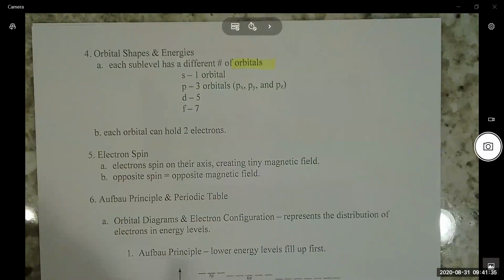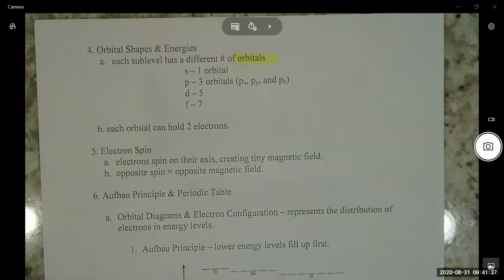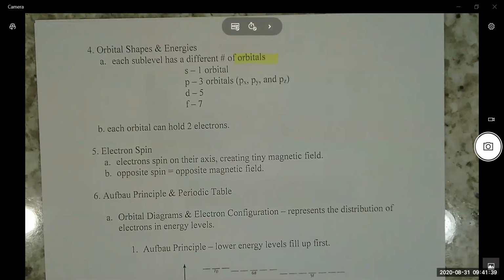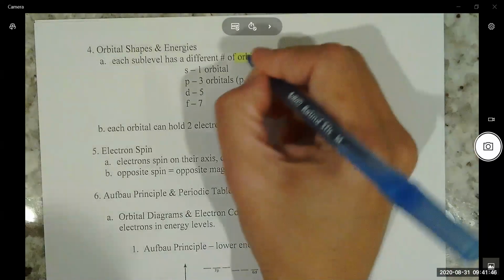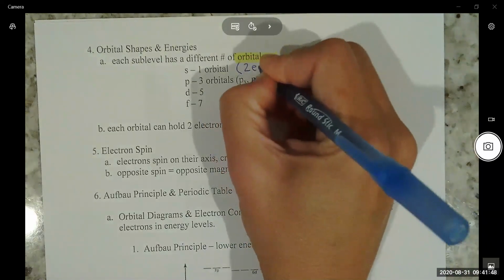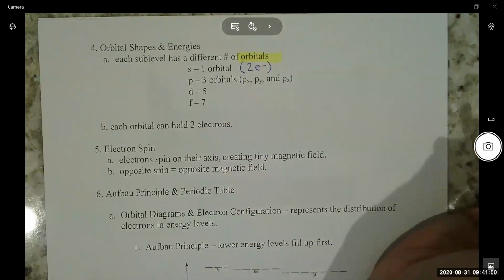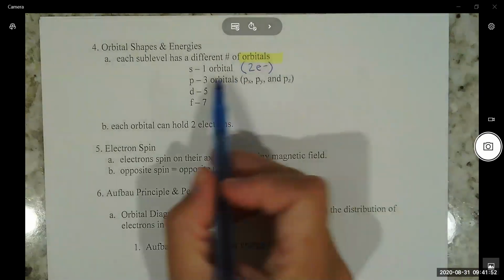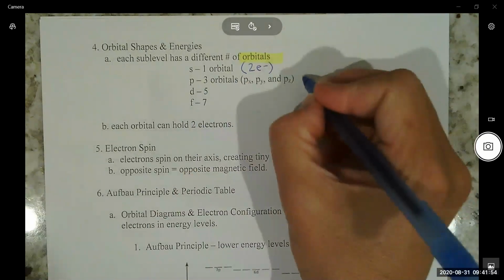And those orbitals can hold 2 electrons each. Okay, so S sublevels have 1 orbital, and that 1 orbital can hold 2 electrons. P sublevels have 3 orbitals at 2 electrons each.